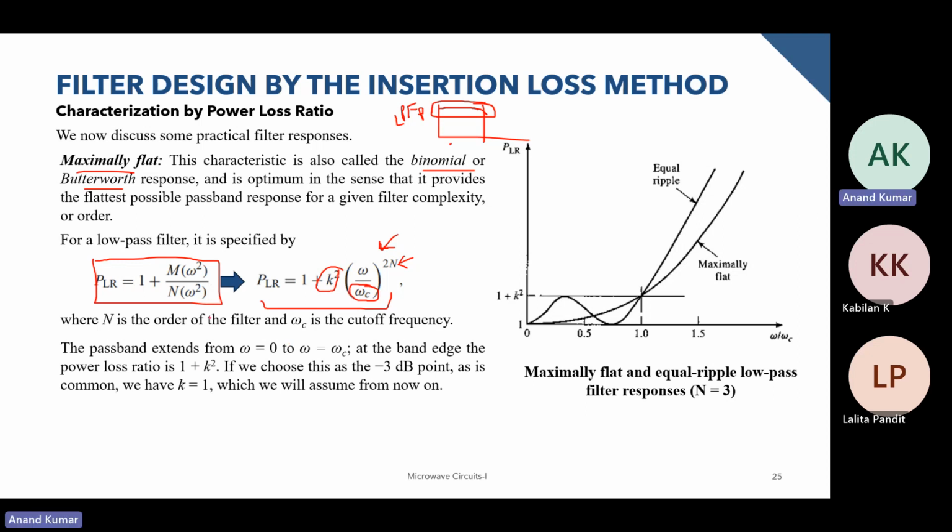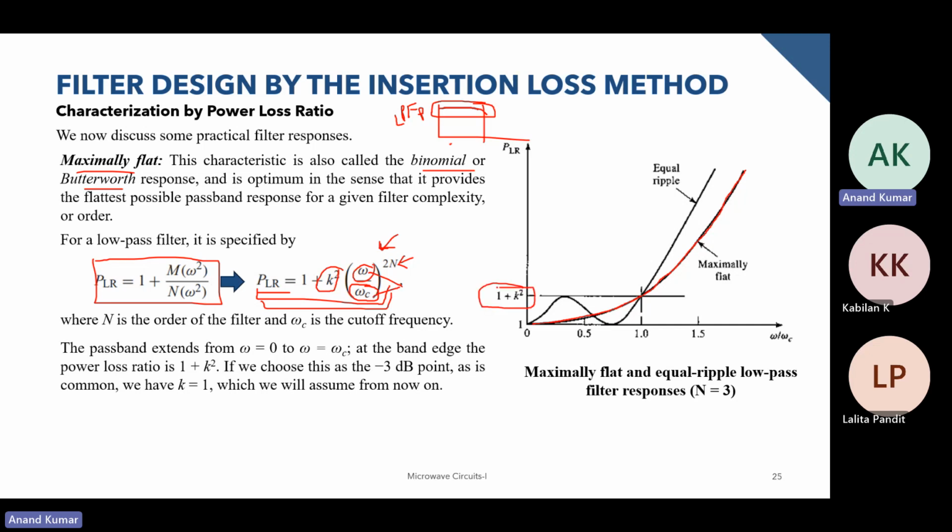If you plot this PLR with omega, it will look something like this. I'll just highlight this part. Where this red line is, this is the maximally flat response. If you substitute omega equal to omega c, this particular term becomes 1, and the power loss ratio at the cutoff frequency is 1 plus k square.